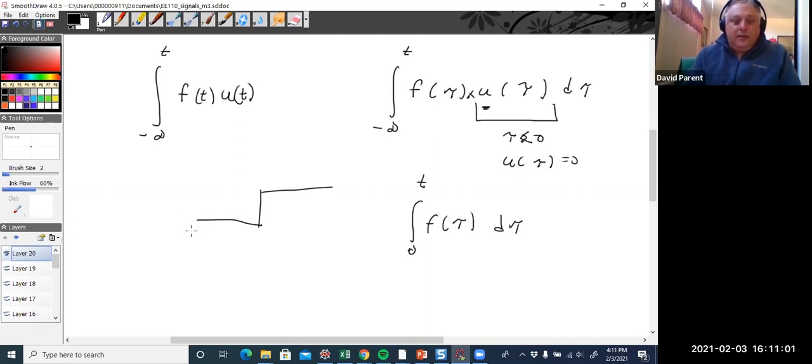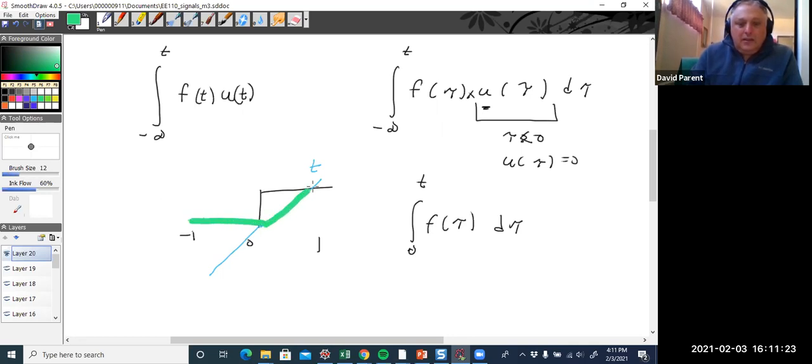This becomes 1 because we're in between this range, right? So if that's minus 1, 0, 1, and this is t, when we're multiplying these together, this is what we're integrating, right? If I didn't multiply this, I'd be integrating this negative area and then counterbalancing it with that positive area.